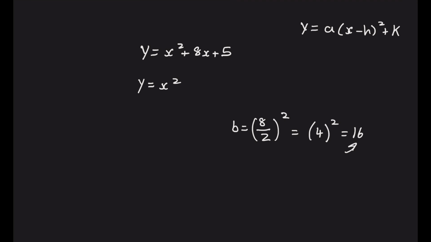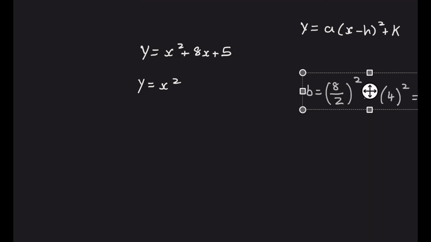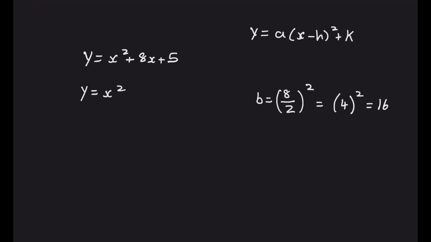So let me move this to the side first. Okay, that's our magic number. So what you do is you still write the 8x, and then after you write the middle term, you're going to put the magic number plus and minus.